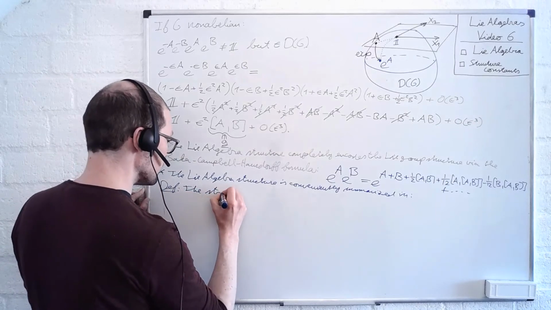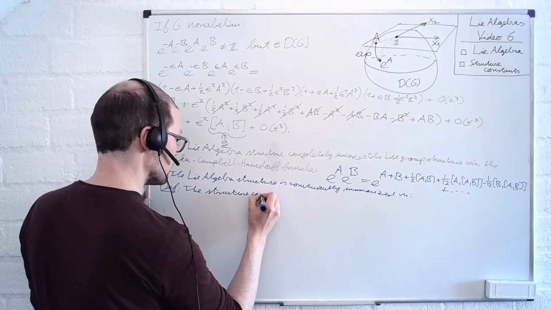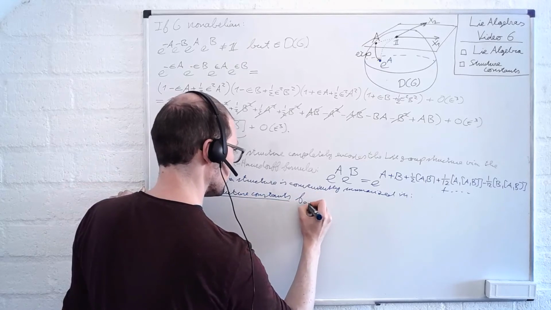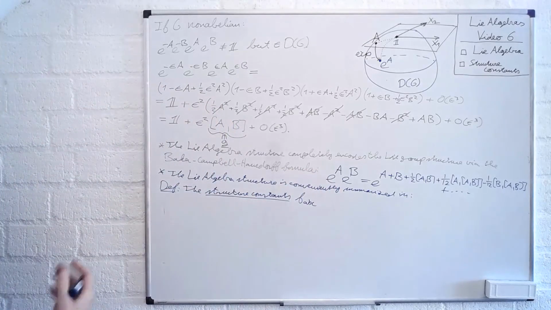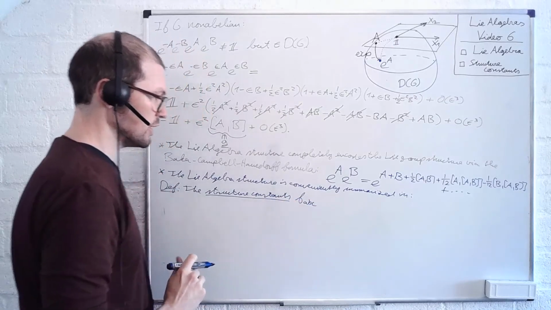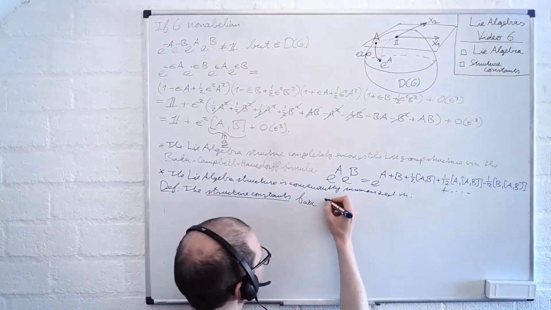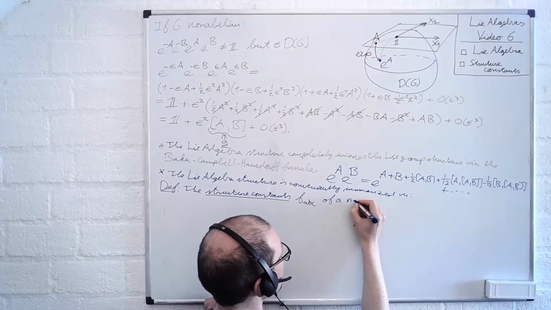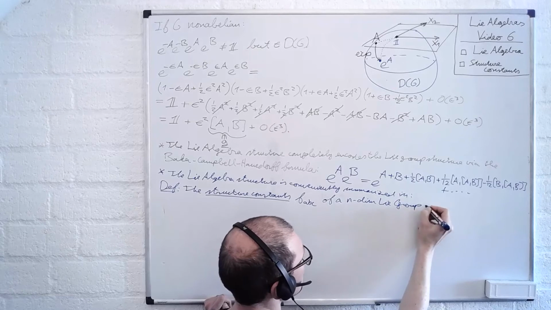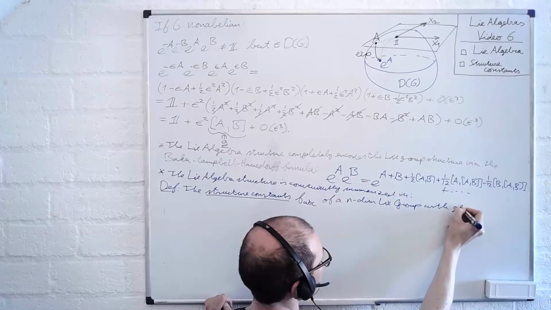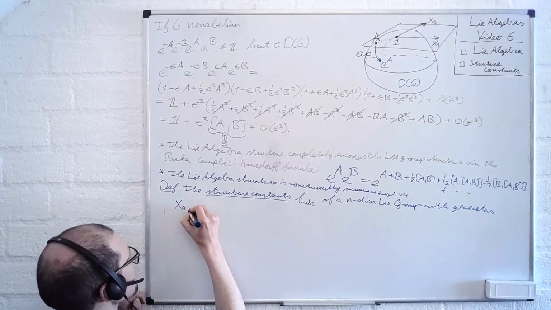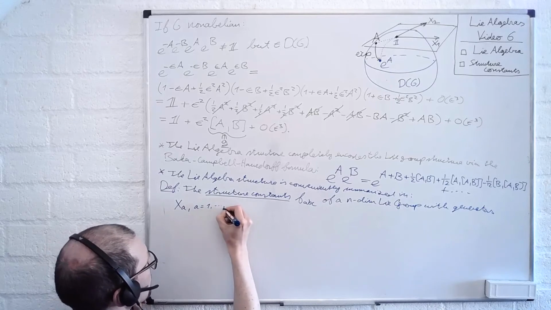The structure constants, which are in general complex numbers, or actually real numbers, with 3 indices, of an n-dimensional Lie group with generators x_a, meaning that a runs from 1 up to n.